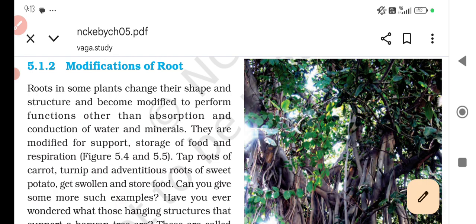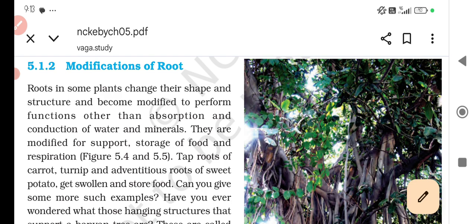If we are talking about stem modifications, it means the external changes in the structure of the stem. So modifications means changes in any part of the plant body. If we are talking about root, then it is changes in the external structure of the root.